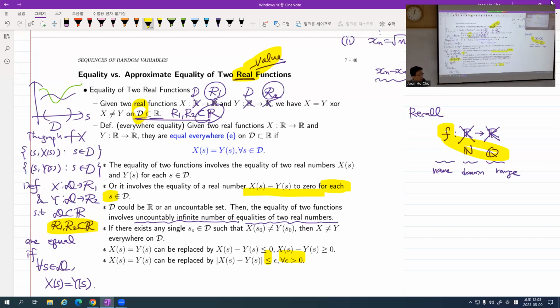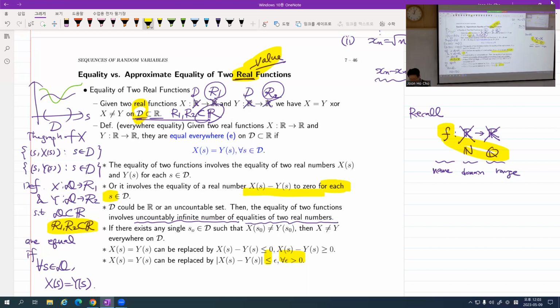So the equality of two functions may be a kind of enormous operation. You have to compare uncountably infinite pairs of two real numbers. And each of the pair must be the same. That would be the most strict sense definition of equality of two real valued functions.